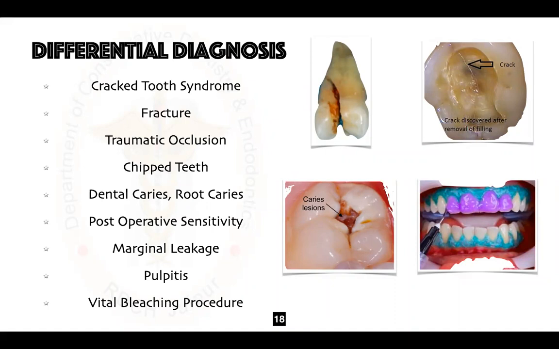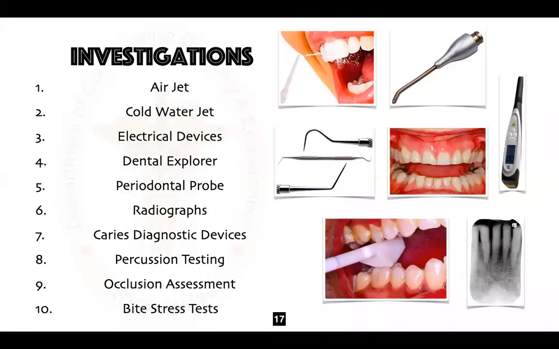Or if the patient is biting on a stick, as you can see in the image on the right, and the pain occurs on biting on that stick, you should know this pain is occurring because of fracture.